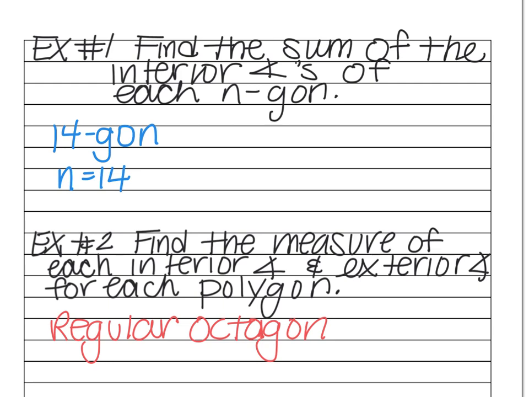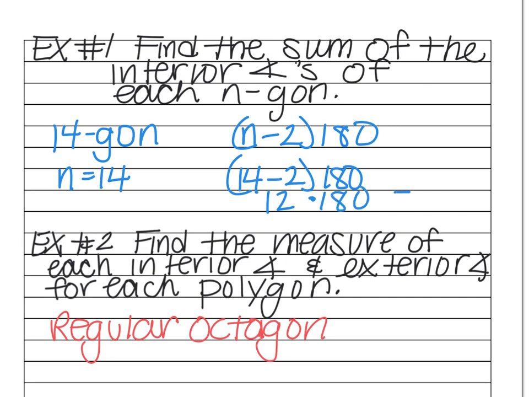We're going to plug it into my formula, and if you remember, it's n minus 2 times 180, which gives the sum of the interior angles. So I'm going to have 14 minus 2 times 180, which is 12 times 180, which is 2,160 degrees.